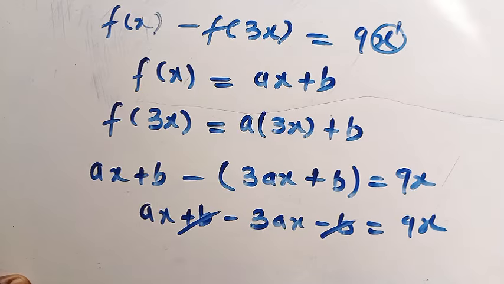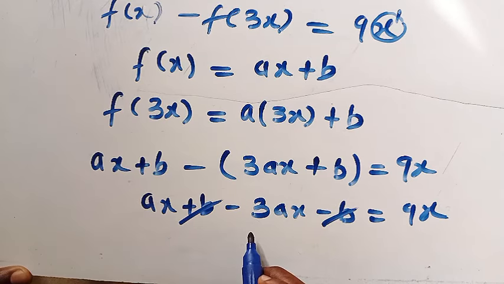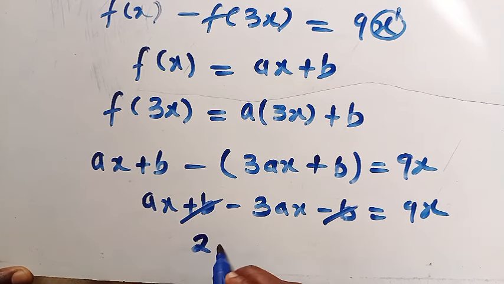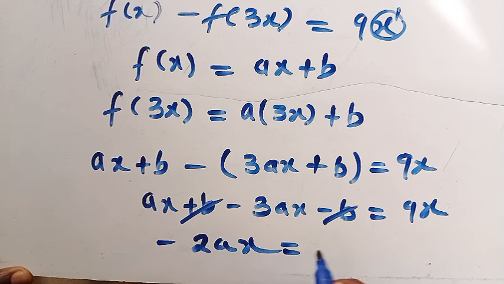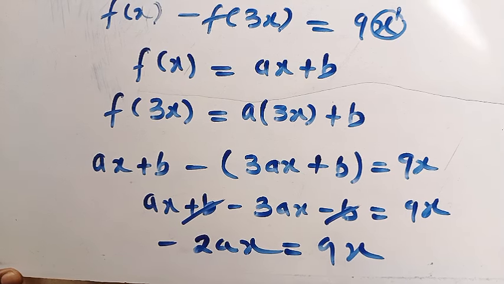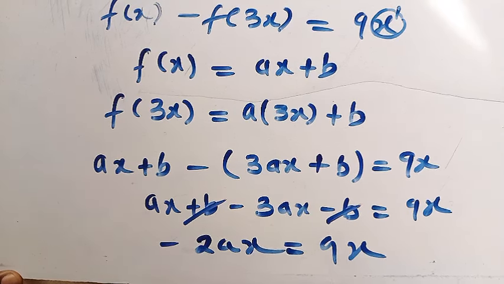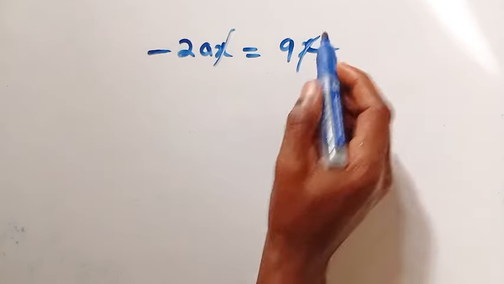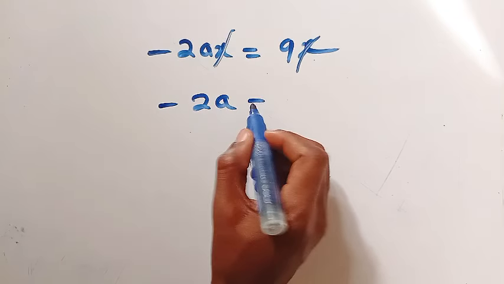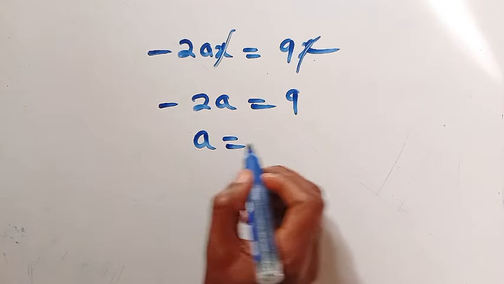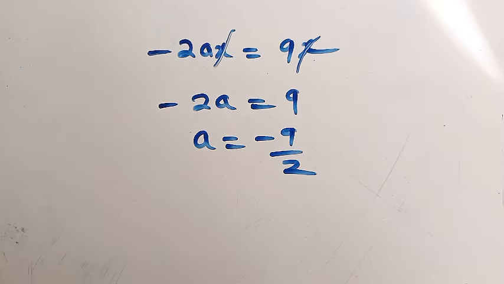The b cancels b, then ax minus 3ax gives us minus 2ax equals 9x. Comparing the coefficients, we cancel x, and we have minus 2a equals 9, so a equals minus 9 over 2.